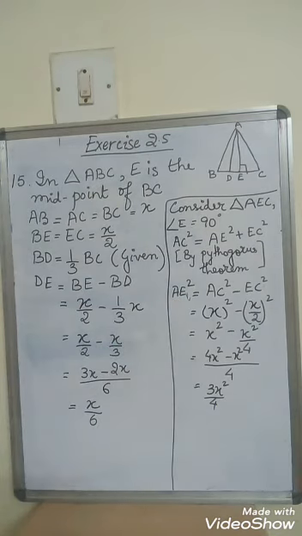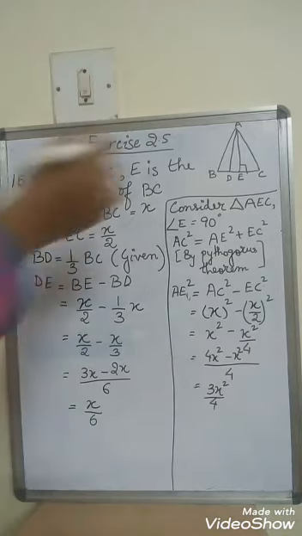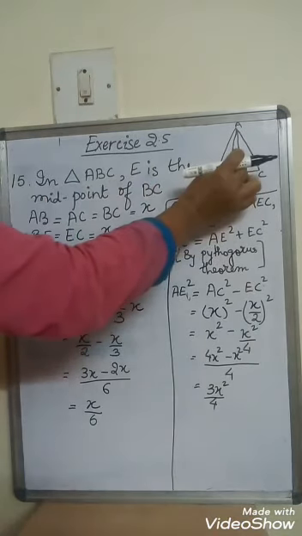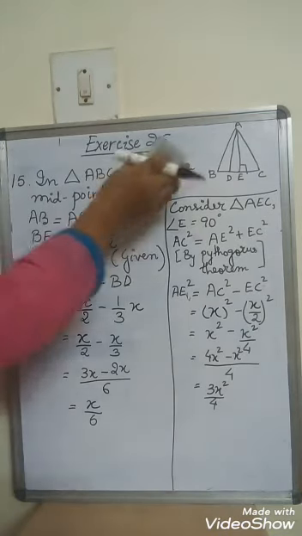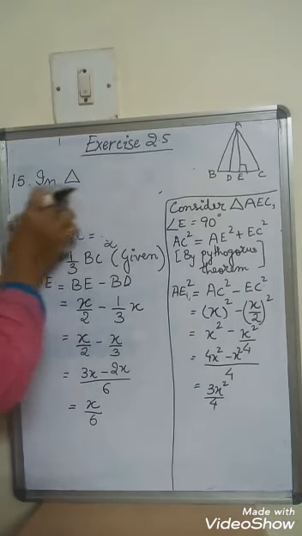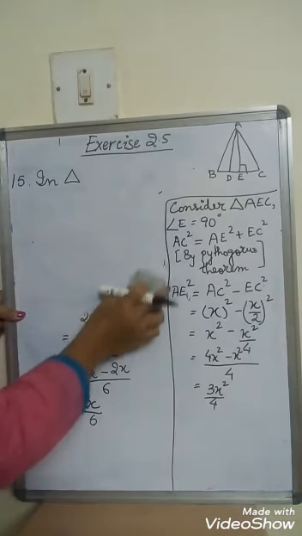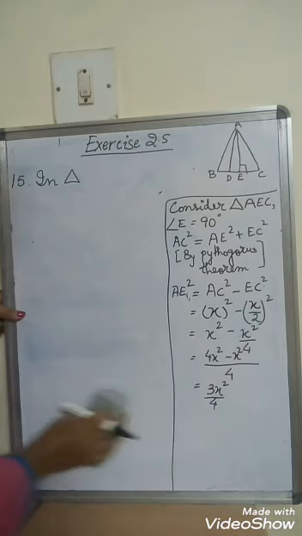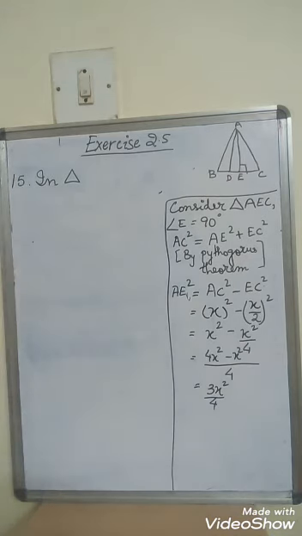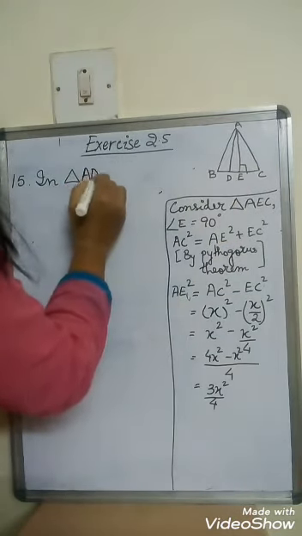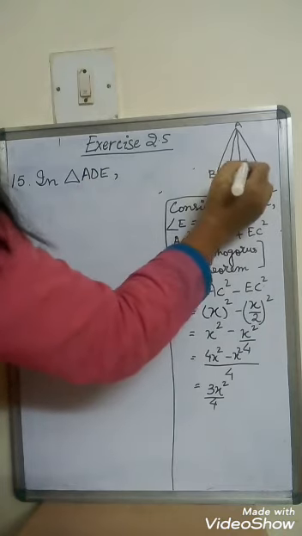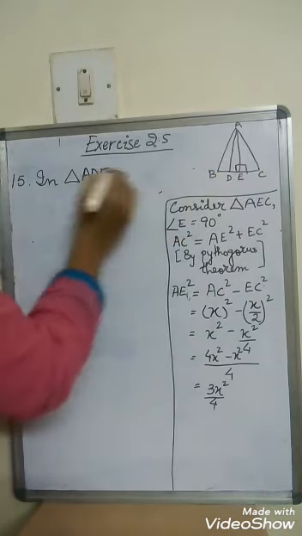Now we consider triangle ADE. The small triangle we will be taking into consideration. In triangle ADE, here also angle E is 90 degree.